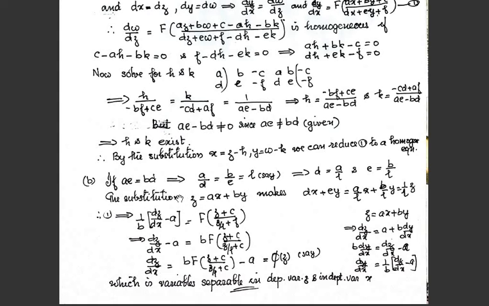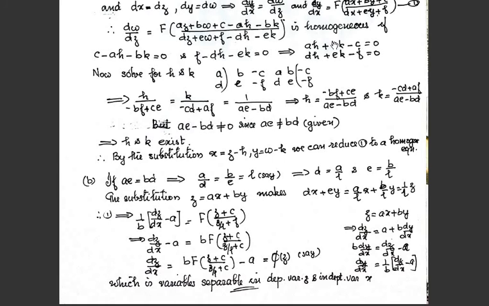find a substitution z equal to ax plus by, which gives dx plus ey, that is the denominator of this expression, dx plus ey equal to a by L x plus b by L y equal to 1 by L of z.